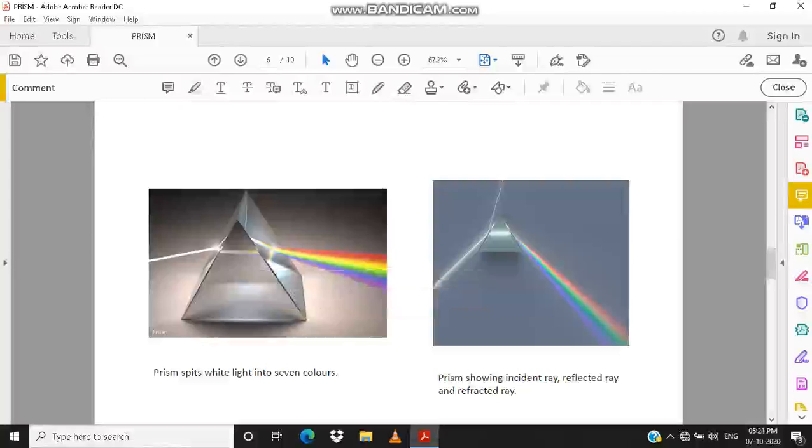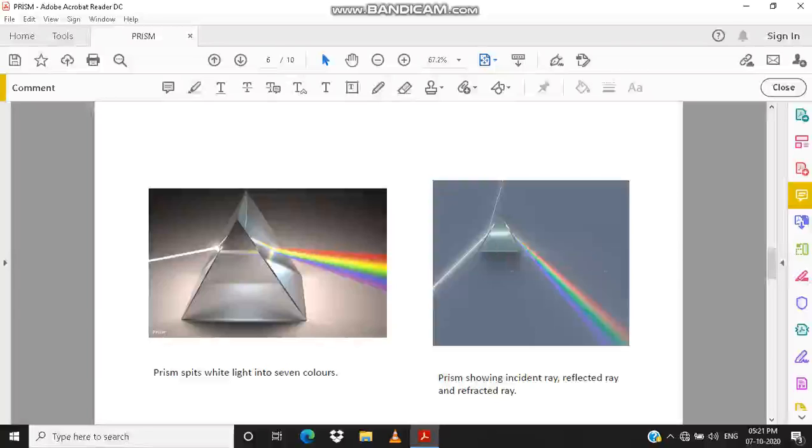What we see in the second image is the prism showing the incident ray, reflected ray and the refracted ray. This is the incident ray. A part of the incident ray gets reflected and a part gets refracted, and it is split into 7 different colors. Why does it happen?